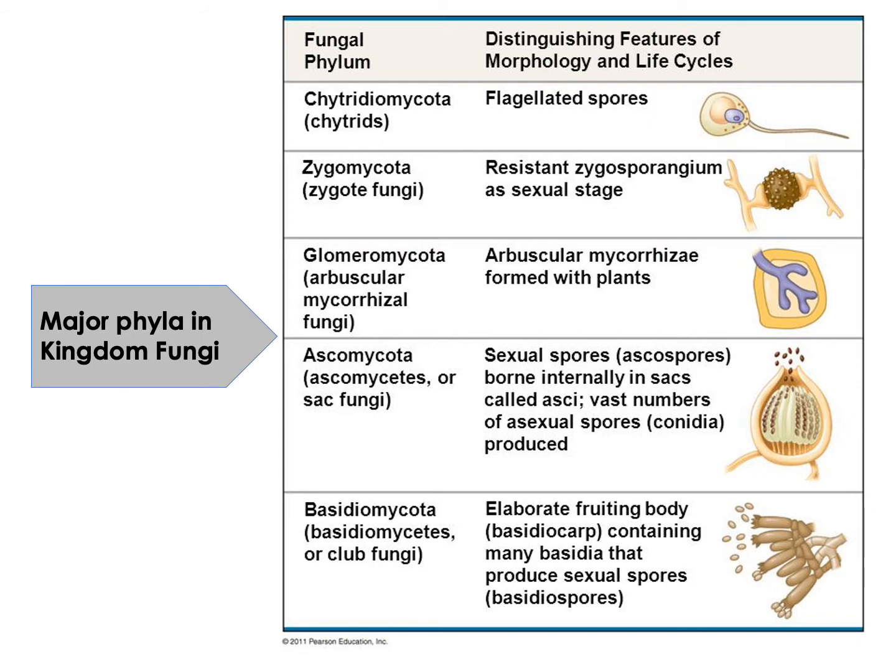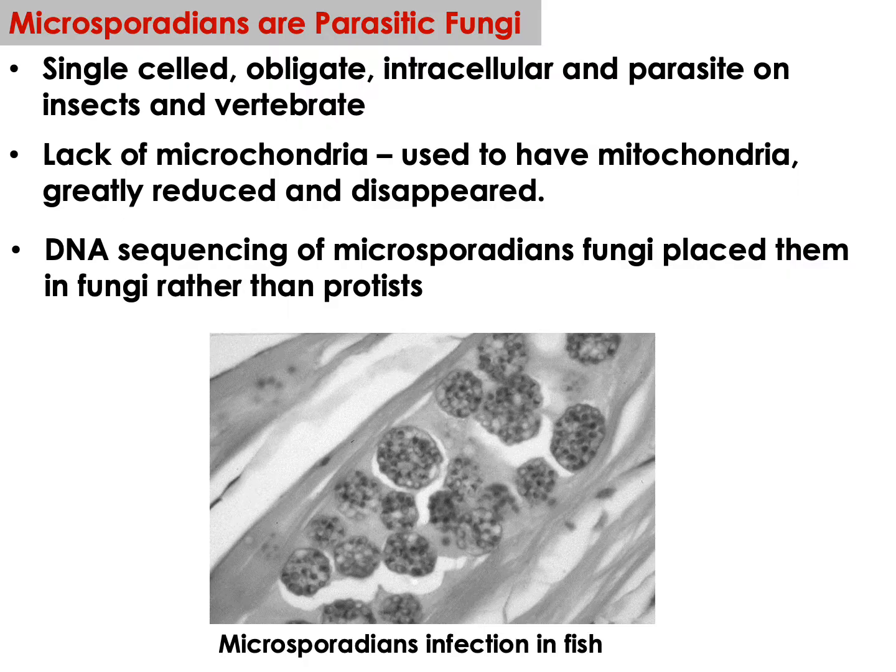Lastly is the Basidiomycota, Basidiomycetes, or the club fungi. They have a fruiting body called the basidiocarp, containing many basidia that produce sexual spores known as basidiospores. Our mushroom that we usually see, the normal club mushroom, is in the Basidiomycota. The last phylum is Microsporidia. The one in the table just now was five, so this is the sixth one. Microsporidia are parasitic fungi.